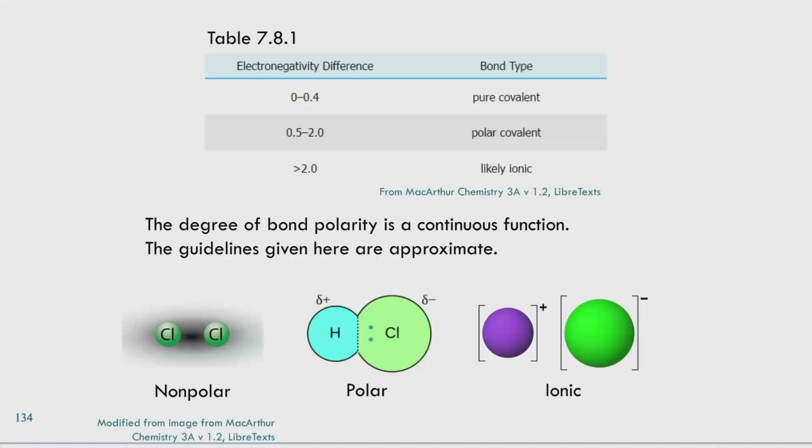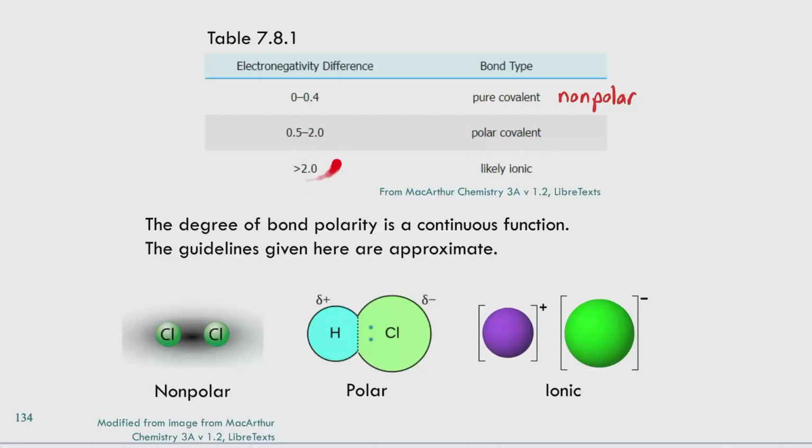So these are our general guidelines for nonpolar, polar, and ionic. An electronegativity difference of 0 to 0.4 is pure covalent or nonpolar. If you're between 0.5 and 2, that's polar covalent.